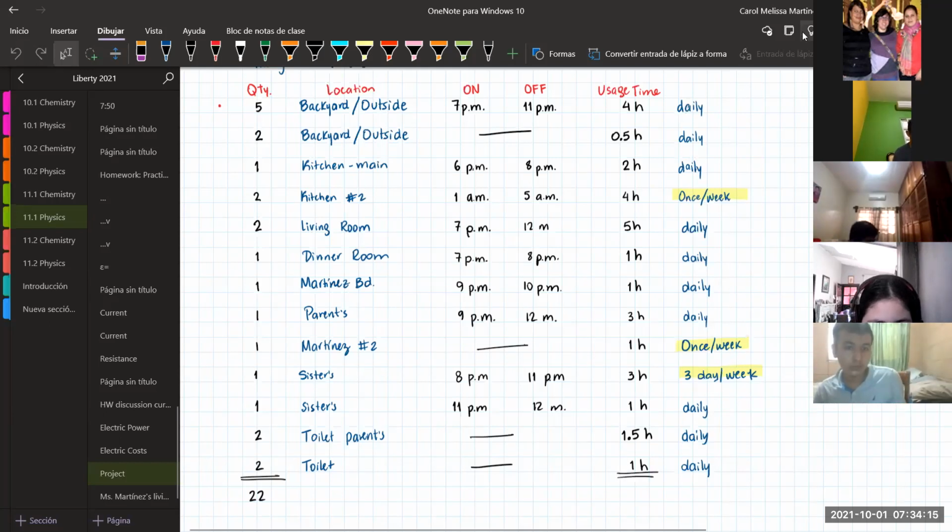Voy a sumar todas las horas. Entonces aquí tengo 4.5 más 6, 10.5 más 6, 16.5 más 4, 20.5, 21.5, 24.5, 25.5, 27, 28 horas.